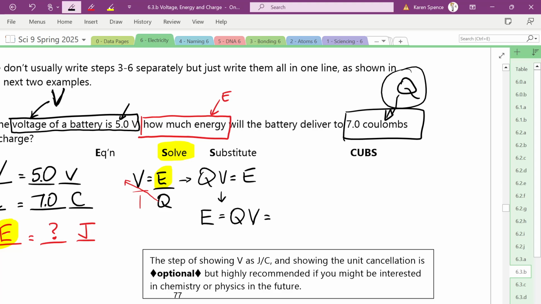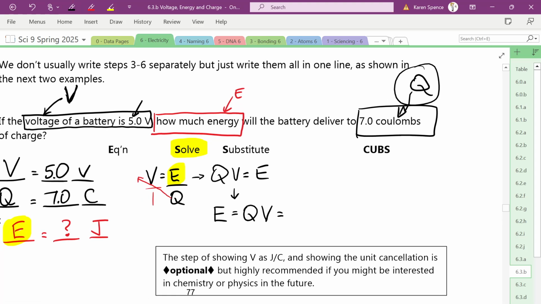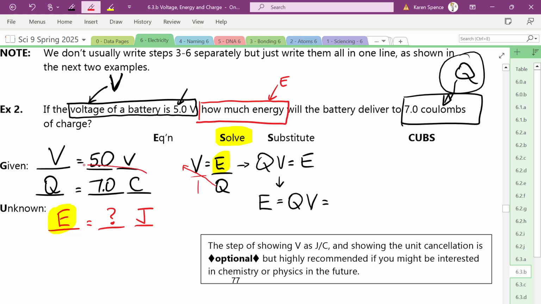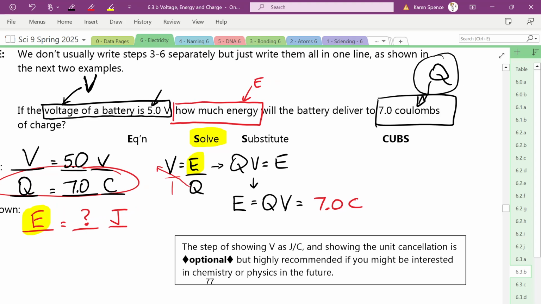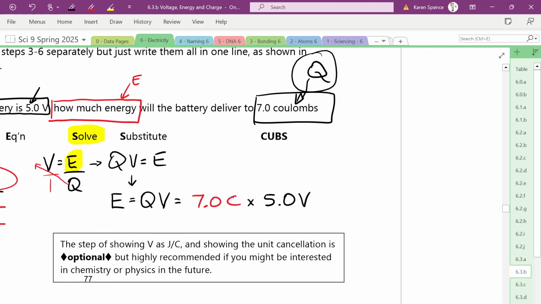So once we've got that, we can just substitute everything in. Q is 7 coulombs. So we have 7.0 coulombs, and we have 5.0 volts. Seven times 5 is 35.